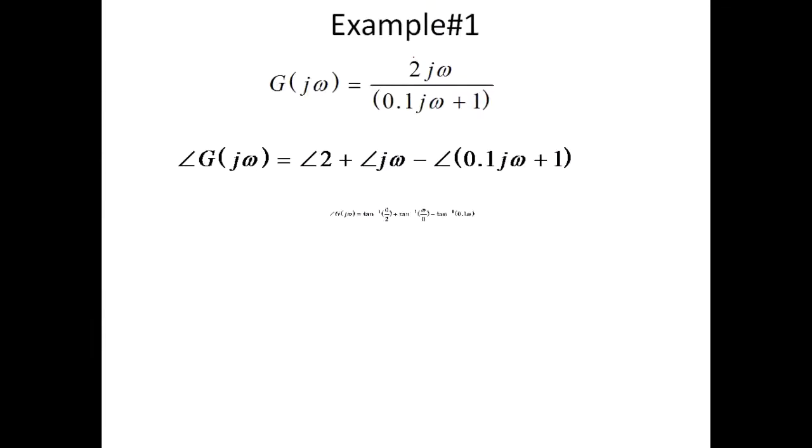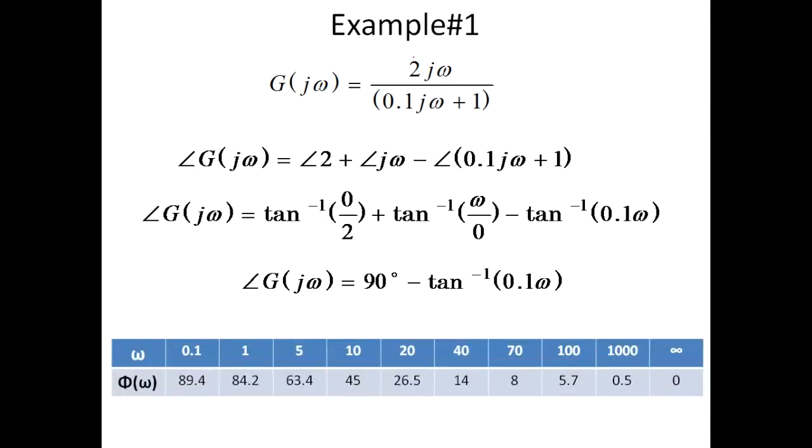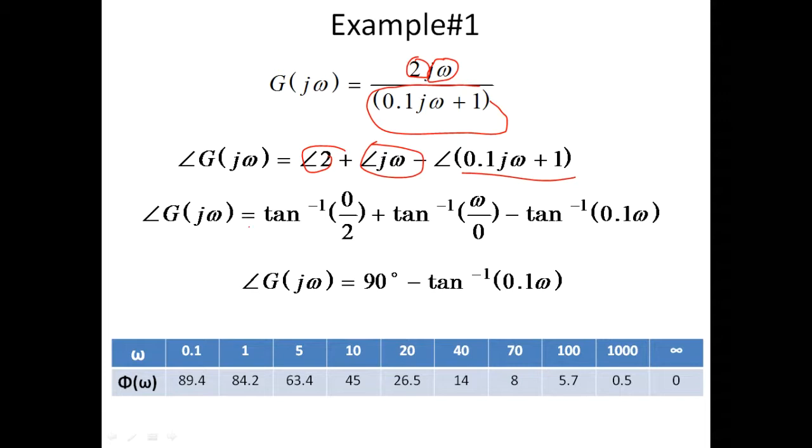What about the phase now? For the phase angle, it's 90 minus tan inverse of 0.1 W, as shown here in these calculations. So how to find it? You have just to find the angle of 2 plus the angle of JW minus the angle of 0.1 JW plus 1. For 2, tan inverse of 0 over 2 is 0 degrees.